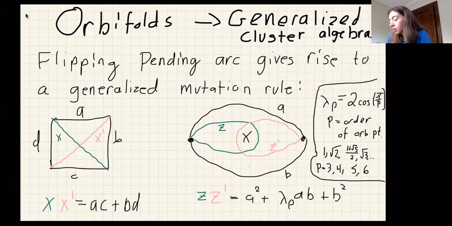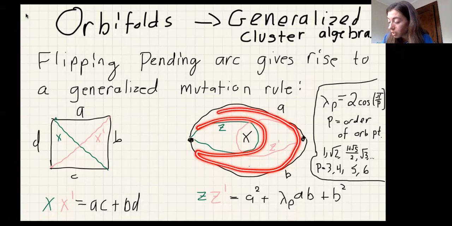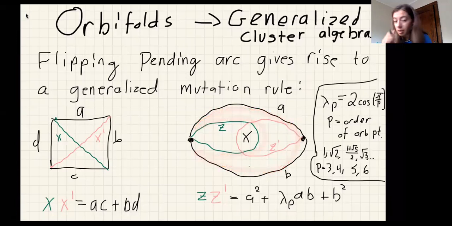And again, notice that every pending arc is locally going to be inside a bigon, right? Because like this, for instance, if you just had Z, A, and B, that would make a triangle right there. So we have just a bigon around it, but we have a 3-term relation. And this is where the order of the orbifold point matters. So we get this term lambda p. So lambda p is a scalar.